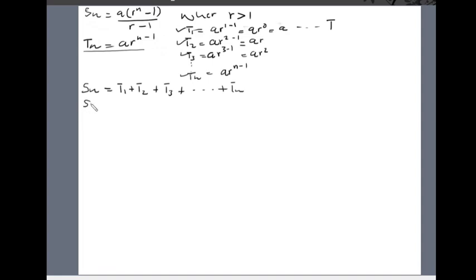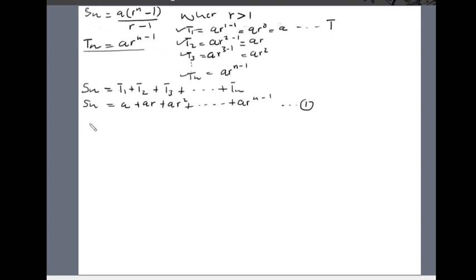So Sn will be T1, which we calculated to be a, T2 to be ar, T3 to be ar squared, all the way to Tn, which is ar to the power n minus 1. I'll call this equation 1.